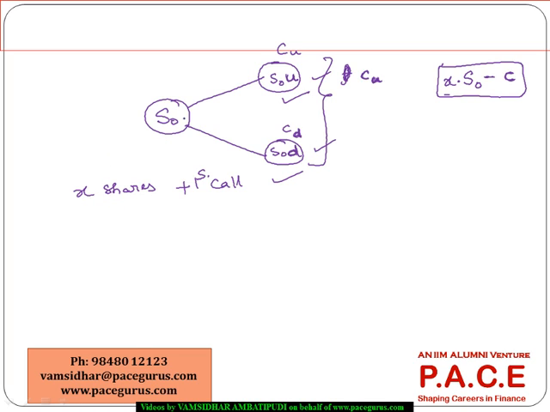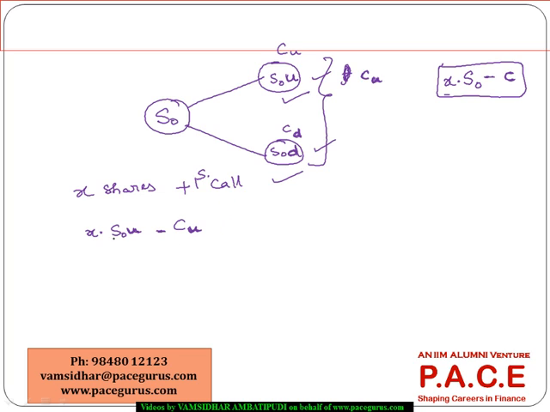So I'm creating a portfolio of X shares, assuming the stock price has gone up to S0U, and because of the short call, if it is exercised, the value comes out to CU, and likewise for the down case.